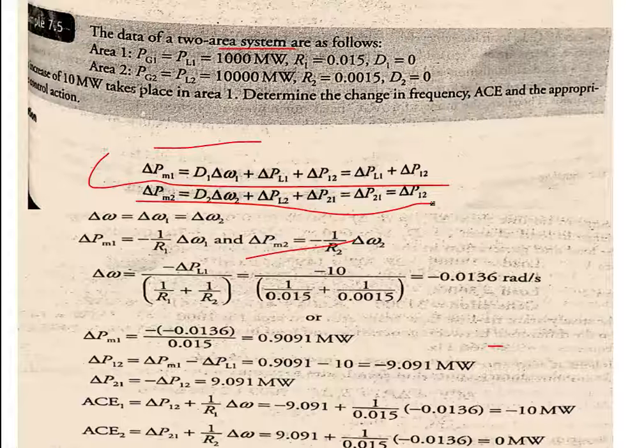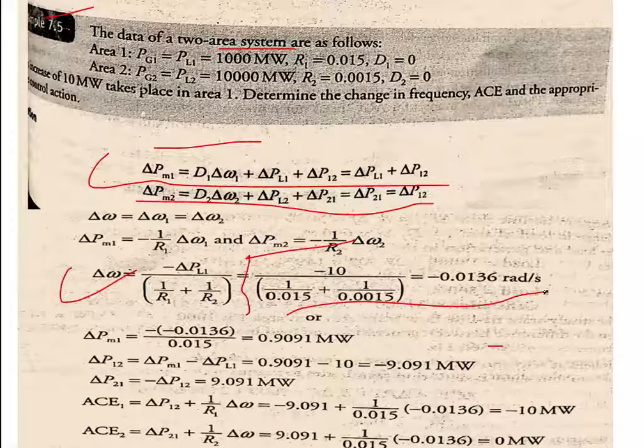Similarly, with respect to area 2, you can write it. Then delta omega is equal, del omega 1 equals del omega 2. The change in mechanical power is given by delta omega by R1, and with respect to area 2, delta omega 2 by R2. Then you find the change in frequency. Clear? You have to find these values.